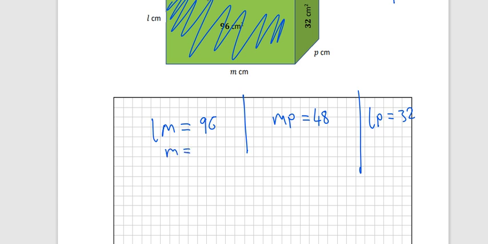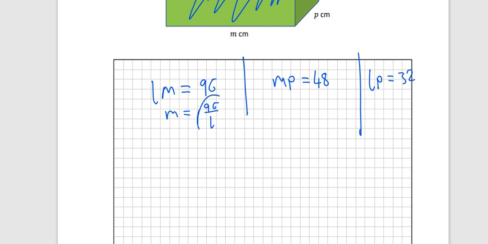Now we need to manipulate them around. I'm going to let M be equal to 96 over L. And then I'm going to take the 96 over L and put it in instead of the M in the next one. So 96 over L times P is equal to 48. 96P over L is equal to 48.